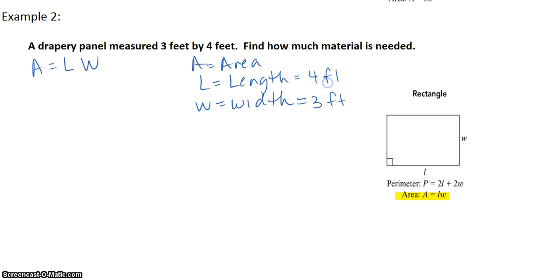You can interchange those, it really doesn't matter. But on the picture here, the width is the smaller one. So if I plug this in, the length is 4. This means multiplication because there's nothing in between, times 3. So the area we know is 12. Now this is in square feet.